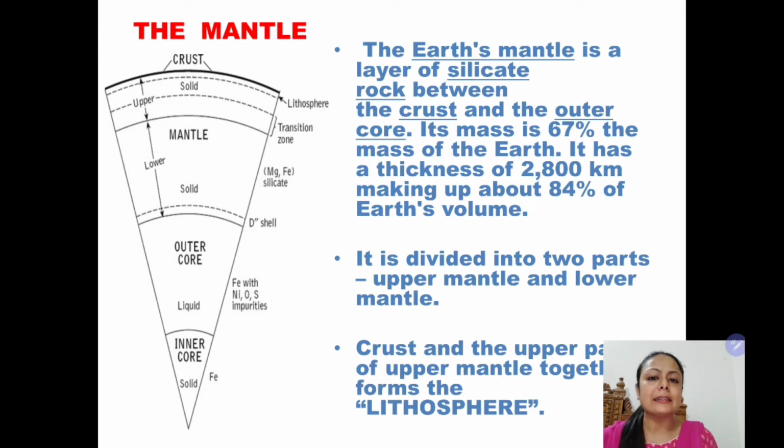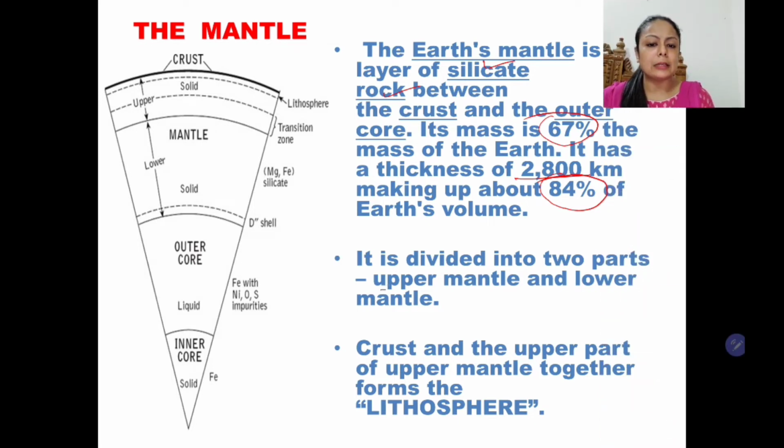The Earth's mantle is a layer of silicate rock between crust and core. Its mass is 67% of the mass of the Earth. And see the thickness, children. It's approximately 2800 kilometers and it makes 84% of Earth's volume. So this is a thick layer. It is divided into two parts, upper mantle and lower mantle.